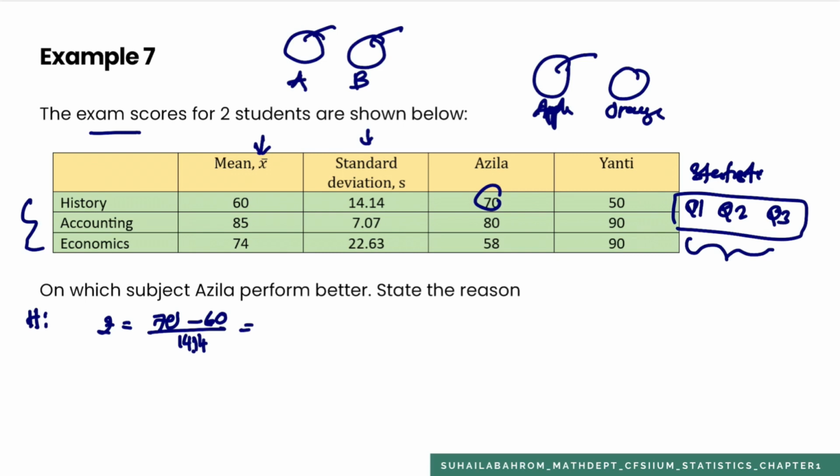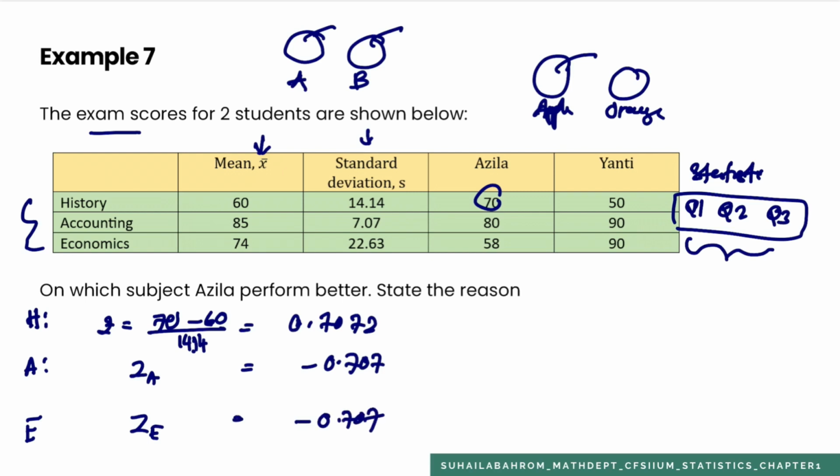Then you also have to calculate the Z-score for accounting and for economics. The Z-score for history is 0.7072, the Z-score for accounting is negative 0.707, and the Z-score for economics is negative 0.707 as well.